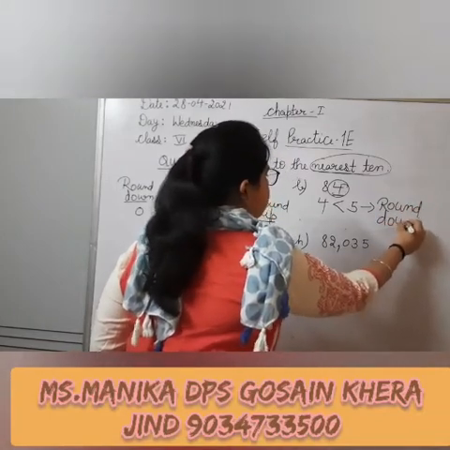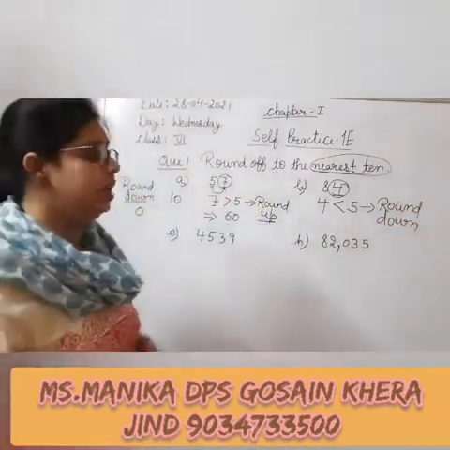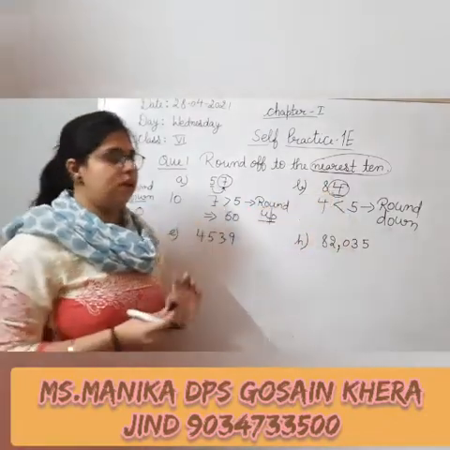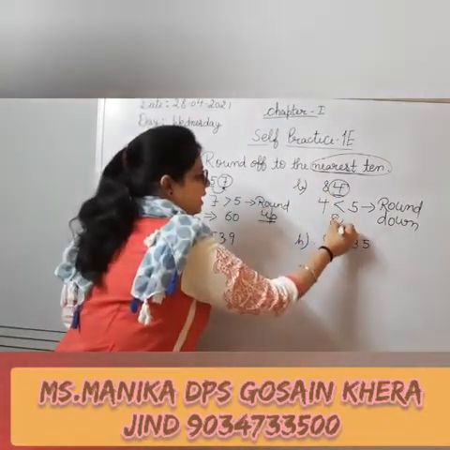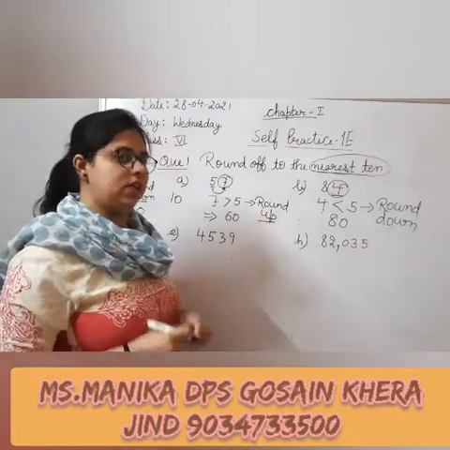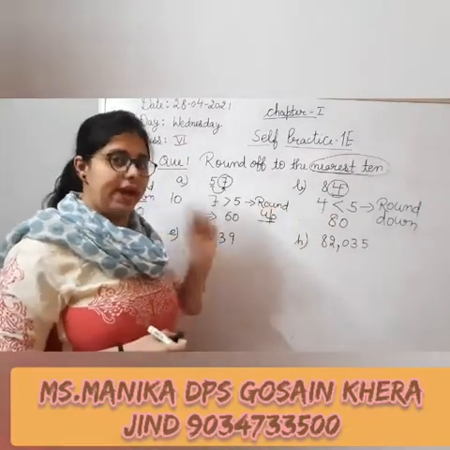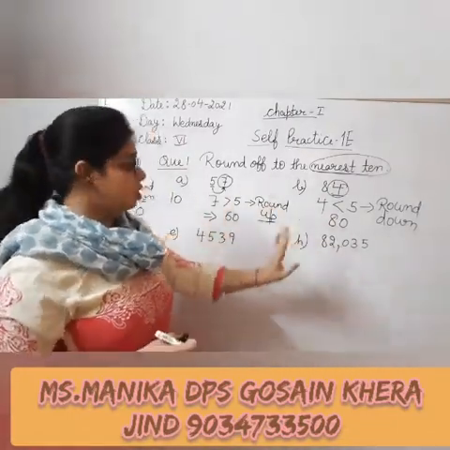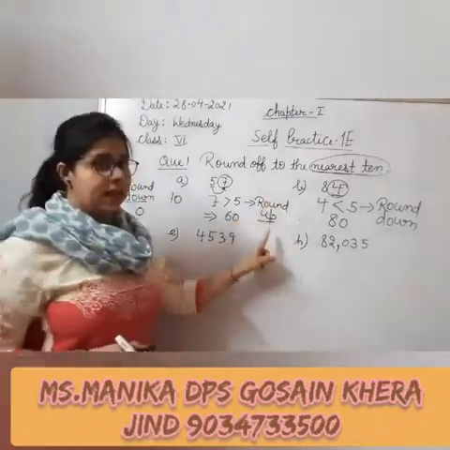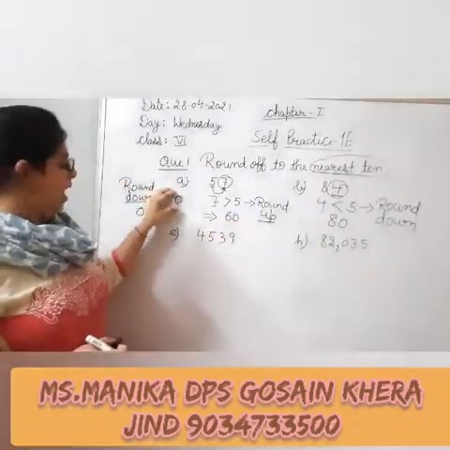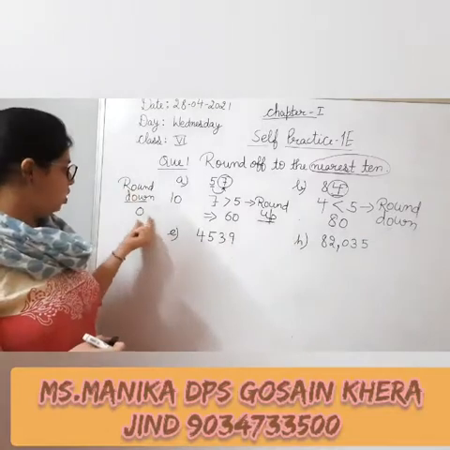And when we round down, we simply put 80, because we generally know that 84 is near to 80, not 90. So when we round up, we increase the tens digit by 1, and when we round down, we simply make the ones digit 0.